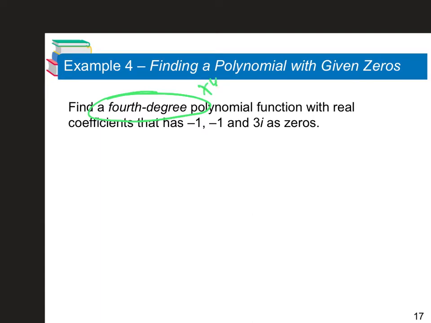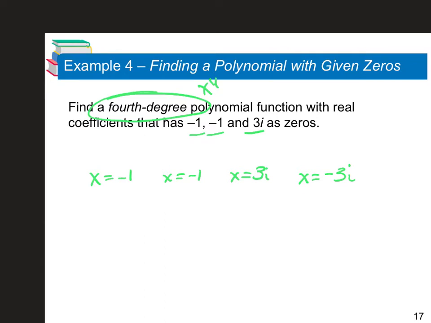X to the fourth. So look, they gave me 3 zeros, but they actually gave me 4 zeros. They gave me x equals -1, x equals -1, x equals 3i, and then I also have to account for the conjugate, so I'd write down x equals what? -3i. All right, you always have to account for the conjugate, and we'll do this more and more.